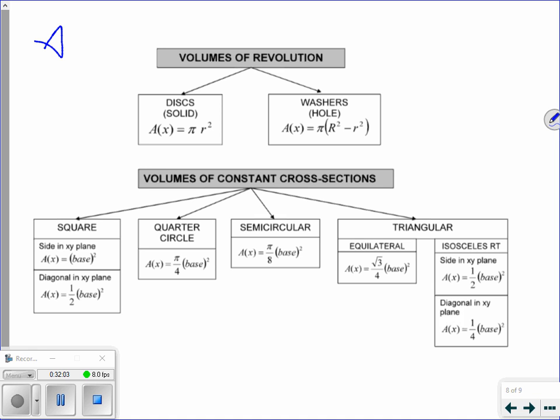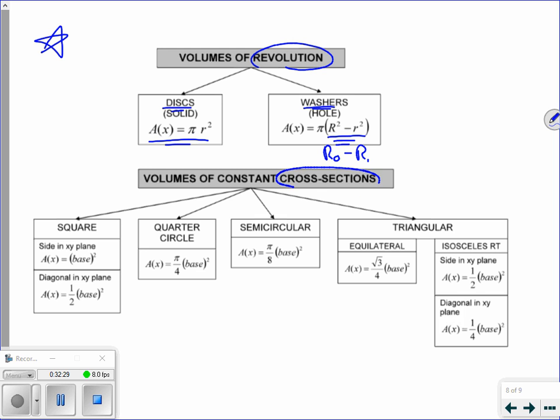And also, here's just a little chart that I found online to summarize all of our volumes. For instance, volume of a revolution. So you have disk and you have washer. You just use pi r squared for disk method. And for washer method, we have to have the radius of our outer subtract the radius of our inner. So this is just a summary chart here.